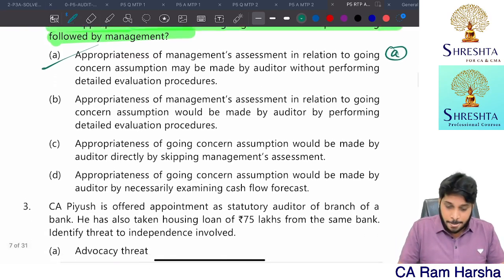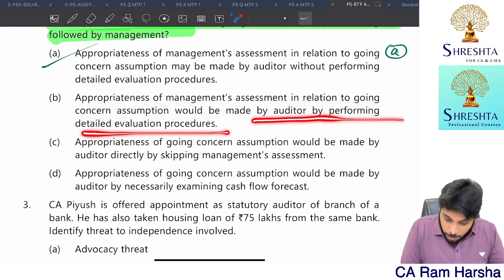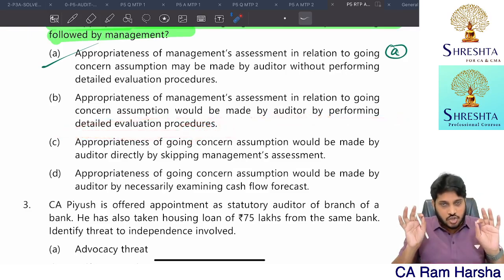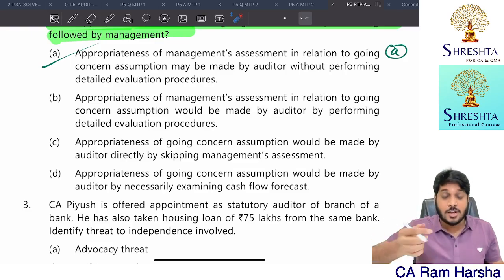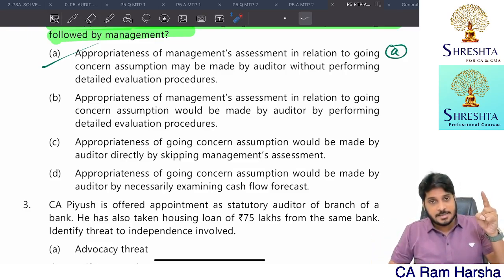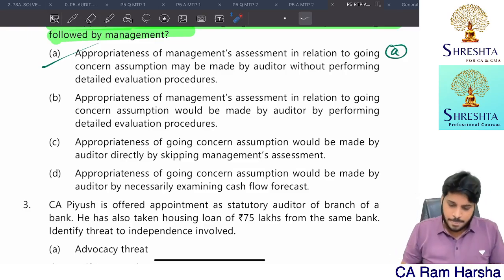But we'll see the remaining options. Appropriateness of management assessment related to going concern would be made by auditor by performing detailed evaluation. Detailed evaluation is not required. Detailed evaluation of going concern assumption is required only when auditor identified any symptoms, any events or conditions that may cast a significant doubt on the entity's ability to continue as a going concern.